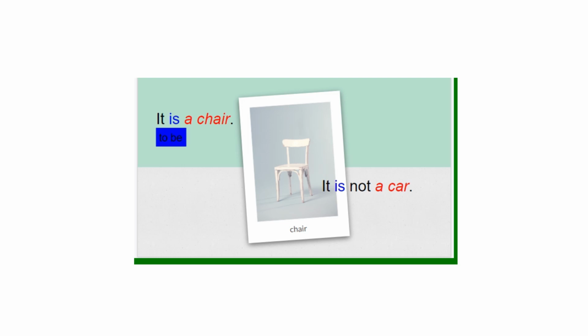Dan a chair adalah noun. Bagaimana ketika berbentuk negatif? It is not a car. Tetap is to be dan a car is a noun.